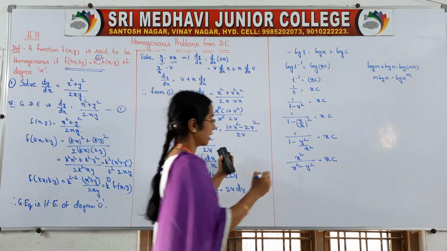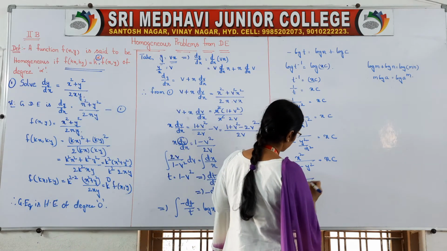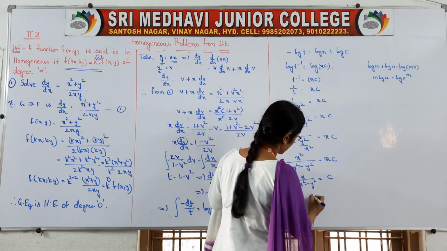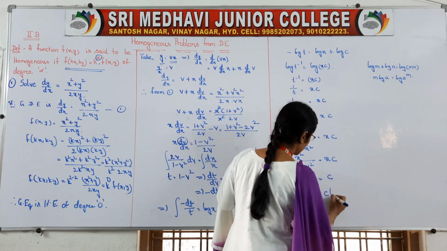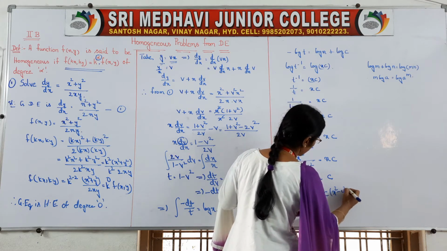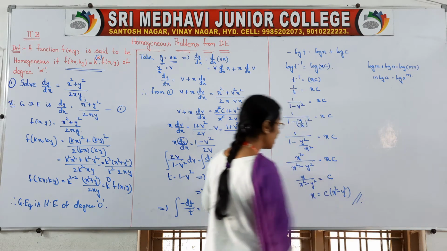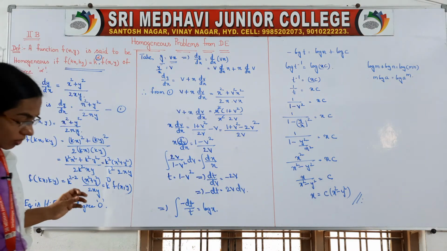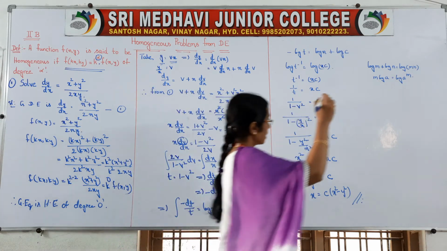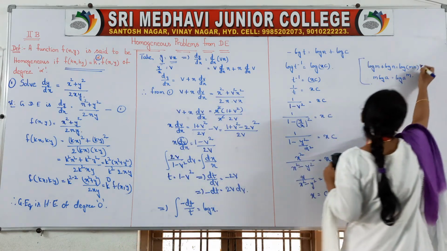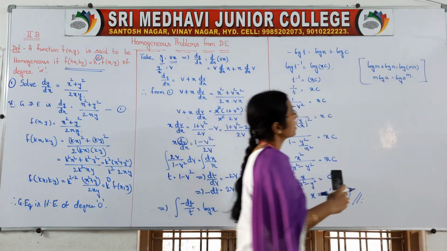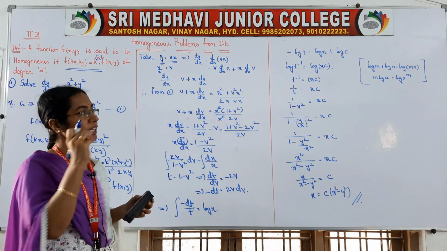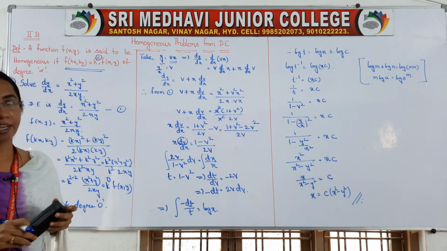One x will get cancelled, right? So x by x square minus y square is equal to c. x is equal to c into x square minus y square is the answer of your question. Okay, so how we took this one: log m plus log n is equal to log of m into n, and m log a is equal to log a to the power of m.